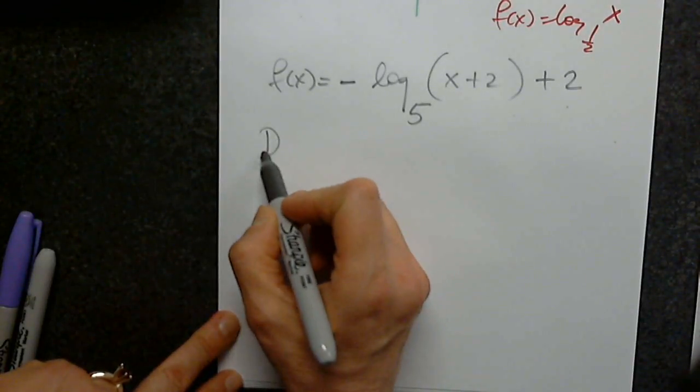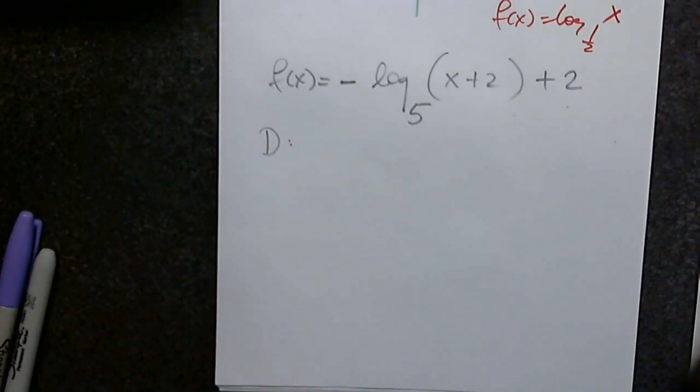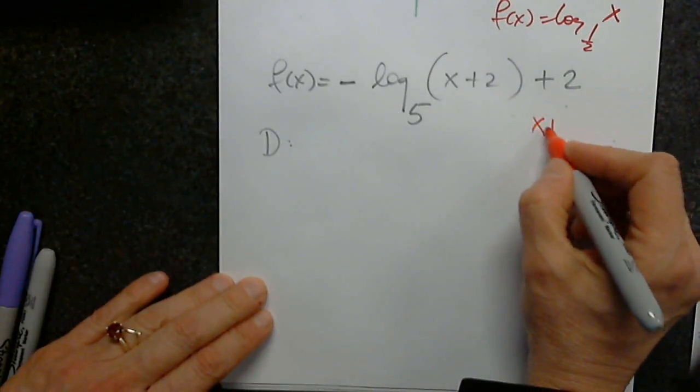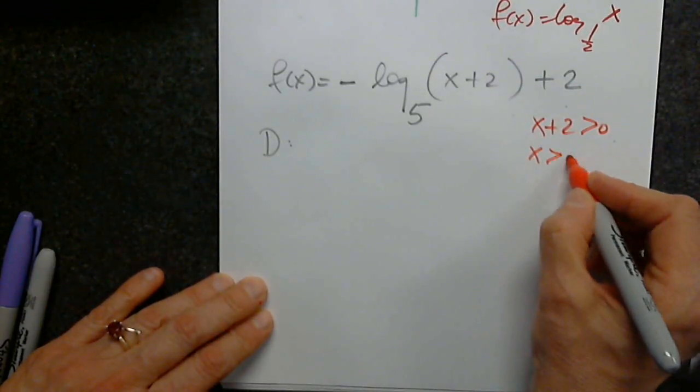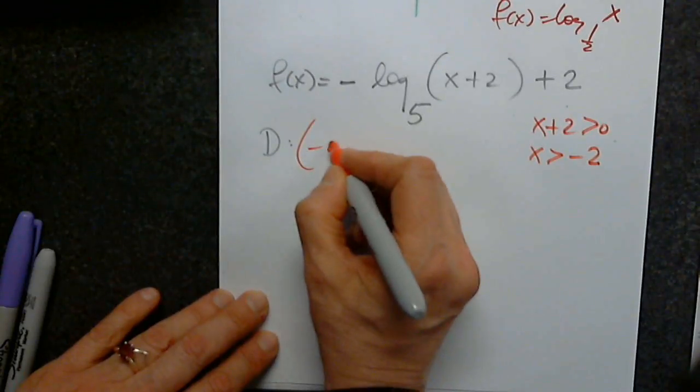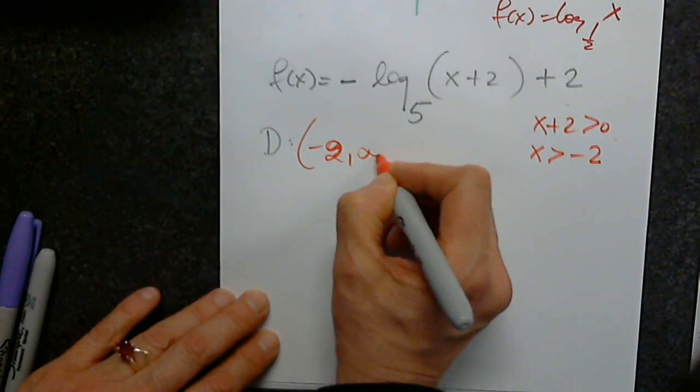I want you to give me the domain. What do I have to write to find the domain? And then we'll talk about transformations on this function. x plus 2 greater than 0. Perfect. Which means x greater than negative 2. So the domain is negative 2 to infinity.